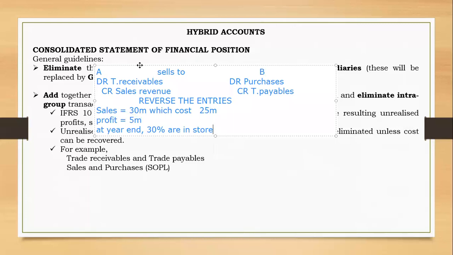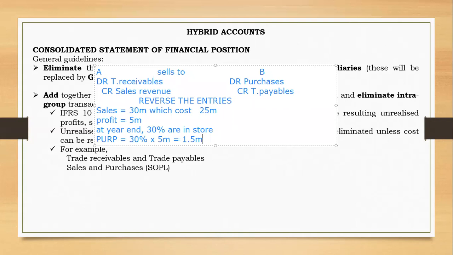So it's like A sold some goods to itself. So you have to eliminate them. We usually call this the provision for unrealized profit. How do we get that? You take that 30% and multiply by the total profit that was 5 million, which gives you a total of 1.5 million. So this is the provision for unrealized profit, which you have to eliminate.